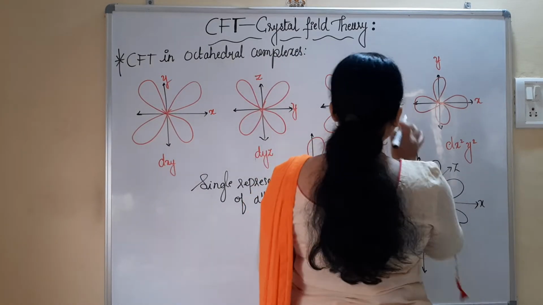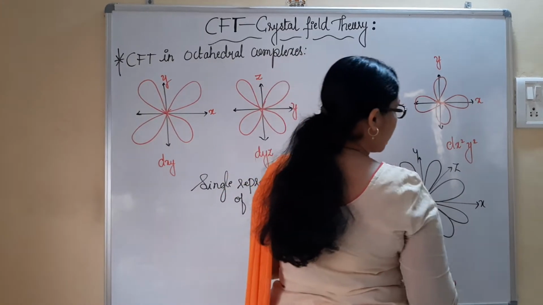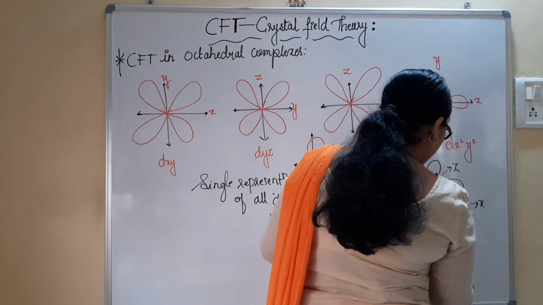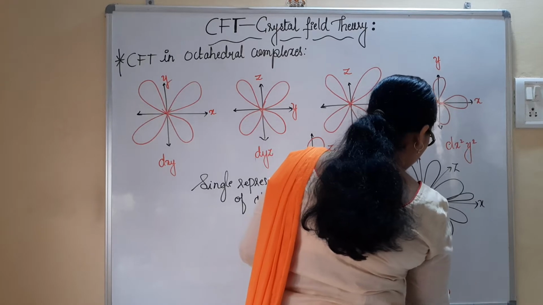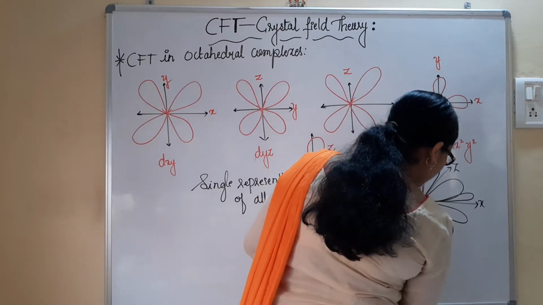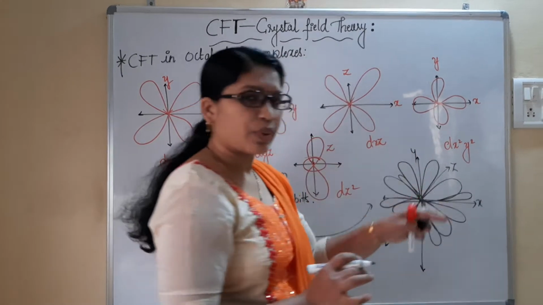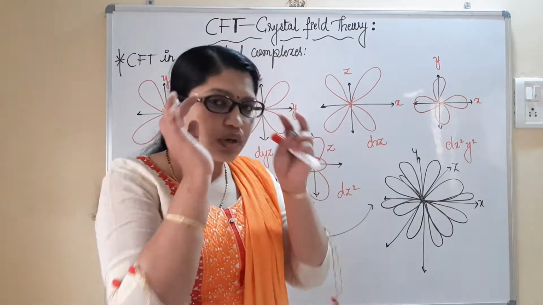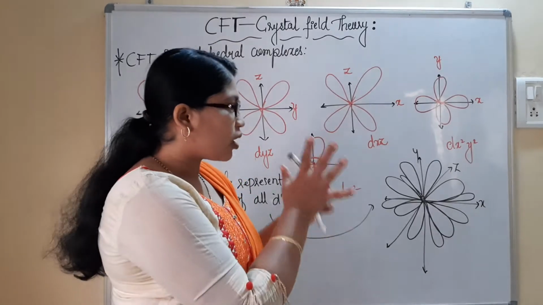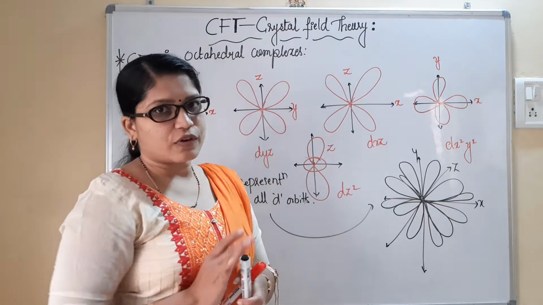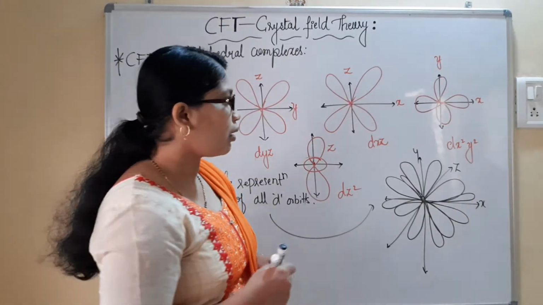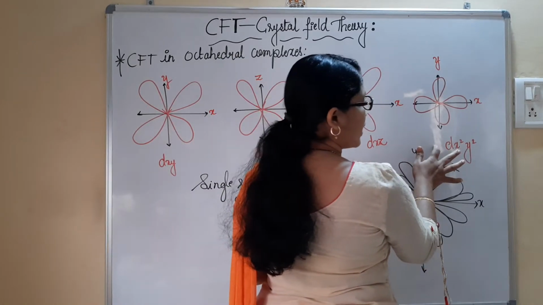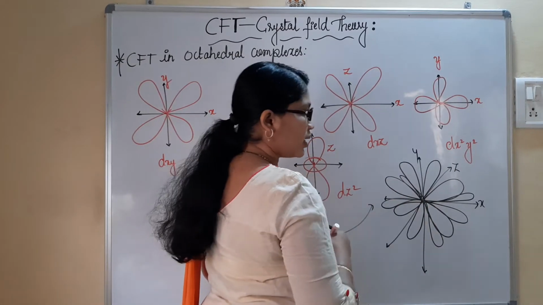Xz is in between x and z. I must represent here one more orbital. It will be somehow like this. It is not necessary that you draw it. It is just for imagination, that orbitals exist in this form in a central metal atom. Now we are supposed to represent x square minus y square as well as z square.